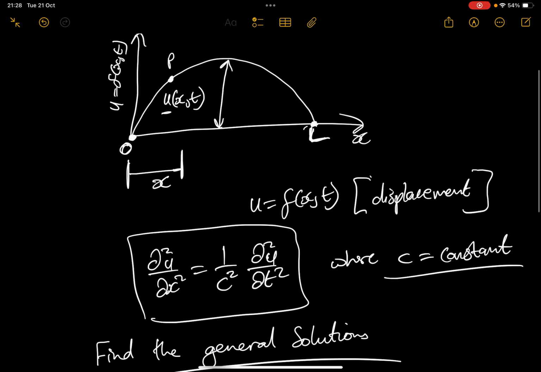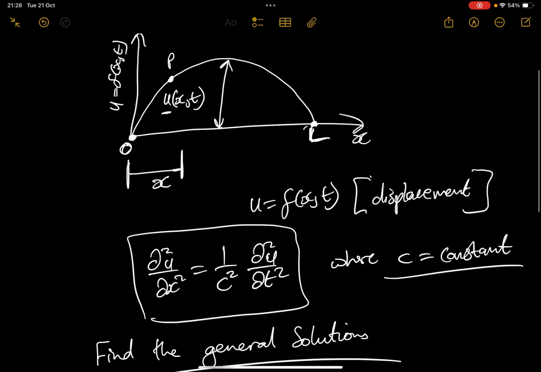Remember, we said the trial solution should be X times T, so this is going to be a e to the power root mu x plus b e to the power minus root mu x, times c e to the power root mu t plus d e to the power minus c root mu t.